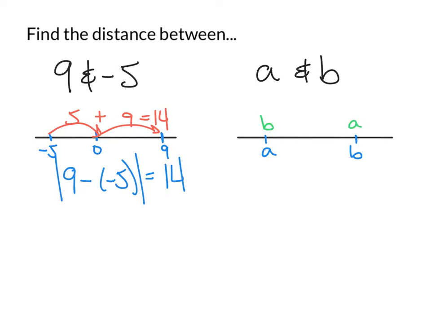We really don't know which one is larger, so we can't just take the larger one. But we do know the distance between them is going to be their difference between A and B. Just maybe that difference becomes a negative number or a positive number. So to make distance always positive, we'll put those absolute values in.